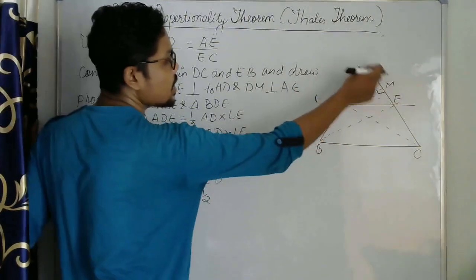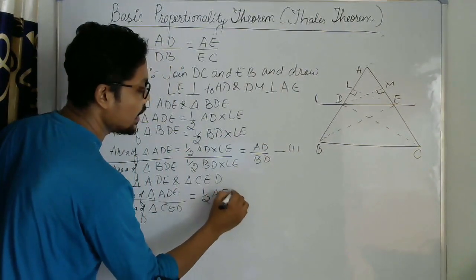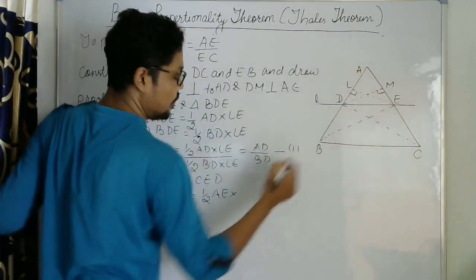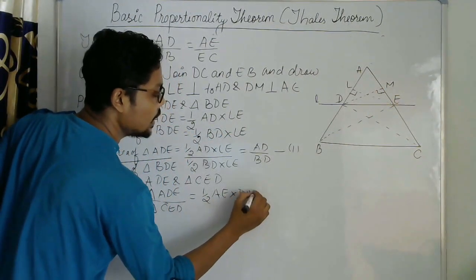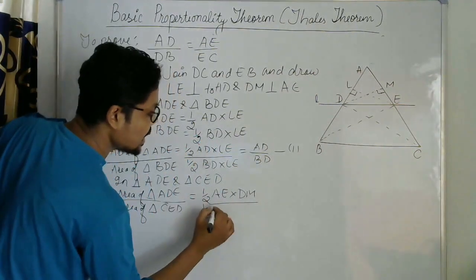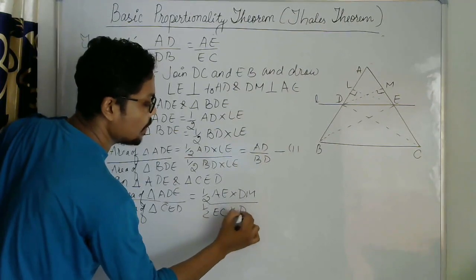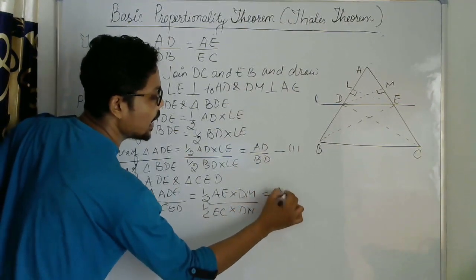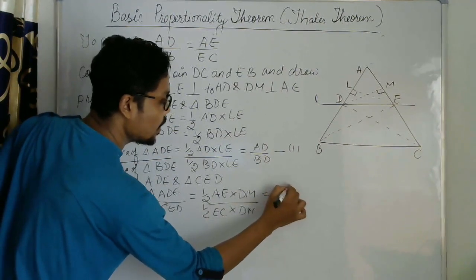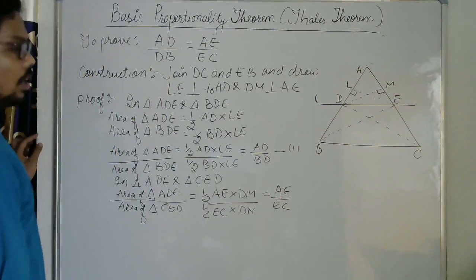What is the base of this? That is AE, into the perpendicular, or the height, that is DM. The same way this will be half, and the base is EC, and the height is DM. So lastly, what we are getting is AE by EC. So this we got.